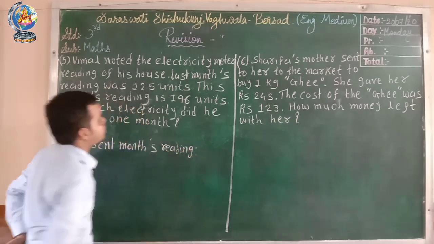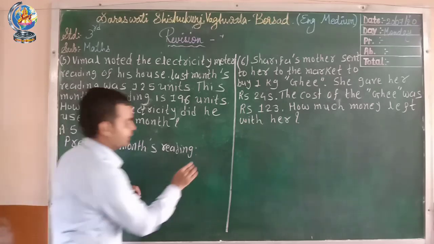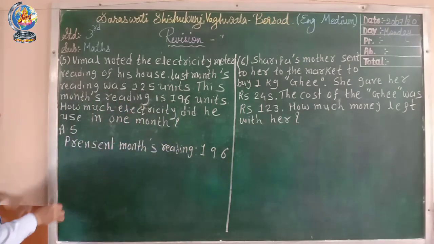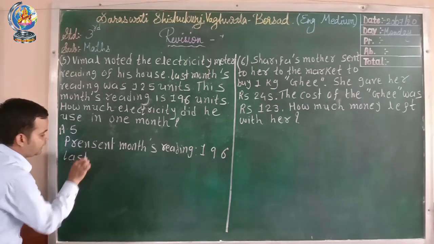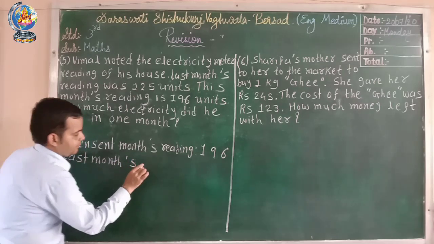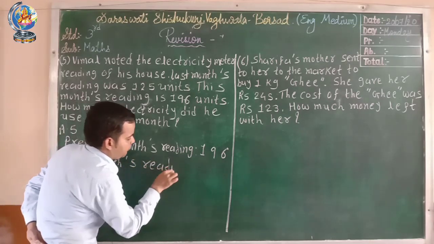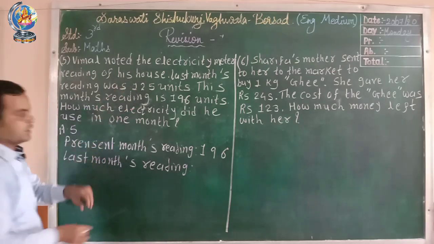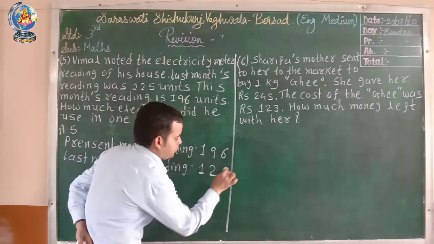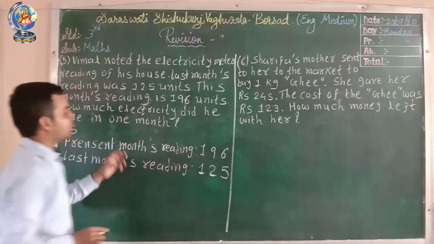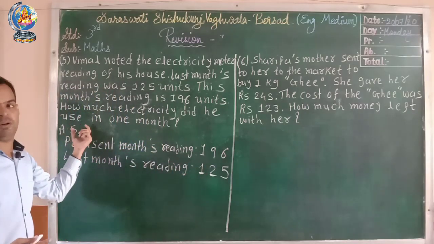Now last month's reading, 125. Here we have to do subtraction, because we have to find how much was used in 1 month.